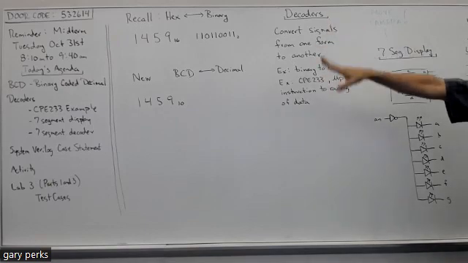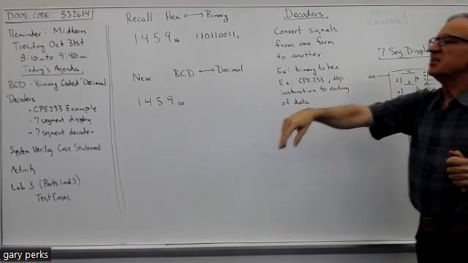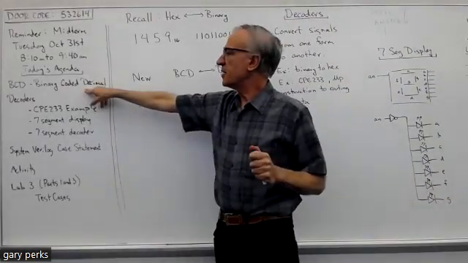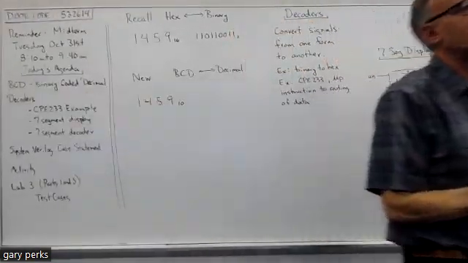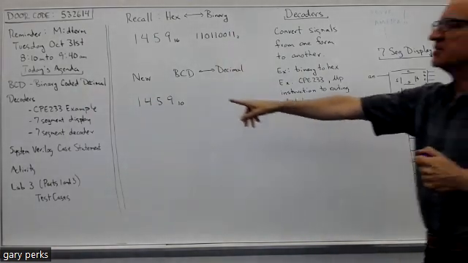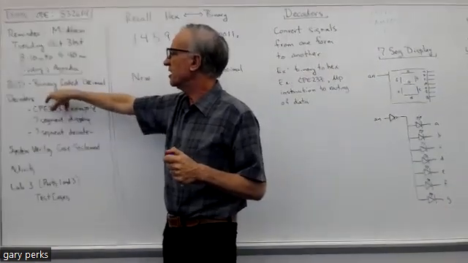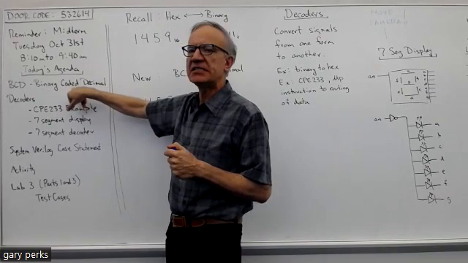But the first thing I want to talk about before we get to decoders is another way that binary is used to represent numbers, and it's BCD, which stands for binary coded decimal.